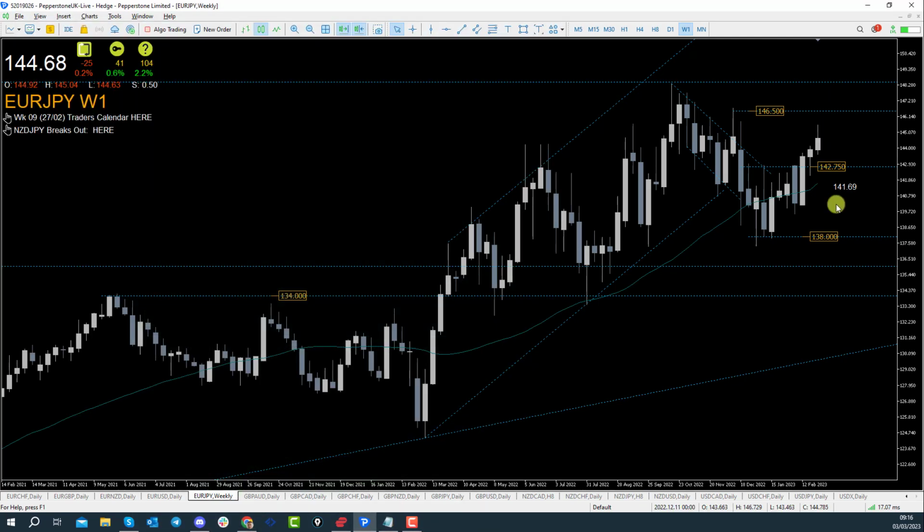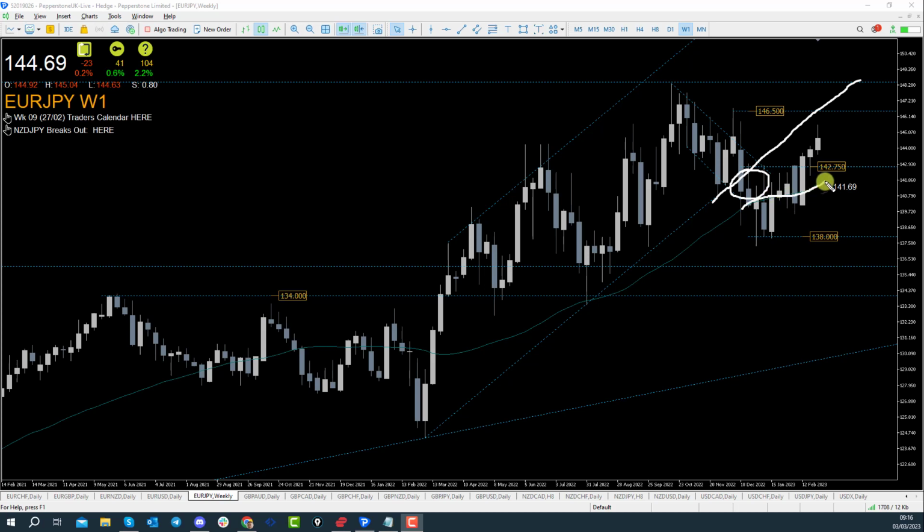So looking at 146.50 as potential targets for buyers, but will price reach it? Well, looking at the weekly time frame, we are technically trading to the upside here. The market is making higher highs and higher lows. We did, however, break out of the bullish channel to the upside just through here, so that bullish channel continues through like that, and we did trade outside of that.